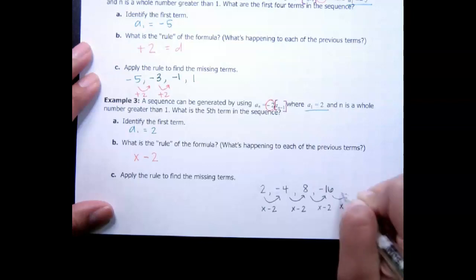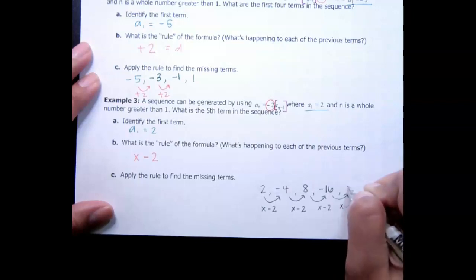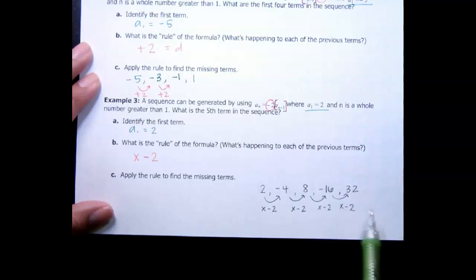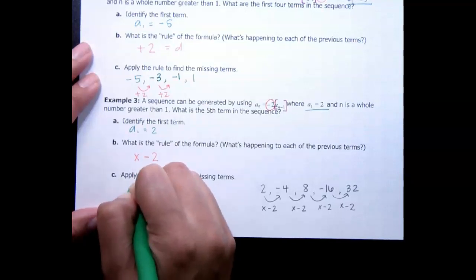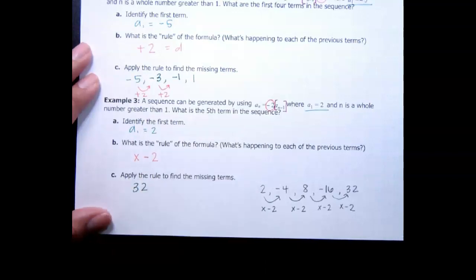And then negative 16 times negative 2 is positive 32. That's the number I'm looking for because they are asking for the 5th term. 1, 2, 3, 4, 5. So the missing term, or the 5th term, is 32.